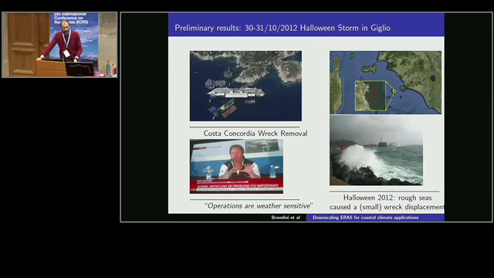Talking about coastal applications, in 2012 and 2013 my colleague and I were involved in the operational weather forecasting service in the framework of the Costa Concordia wreck removal project. As you can see here, it is a very coastal application because the ship was very close to the coast, and every operation, as stated by the salvage master, was weather sensitive.